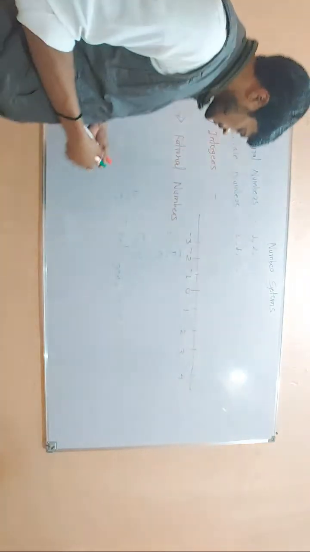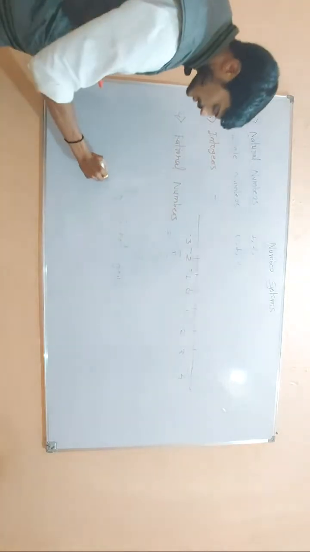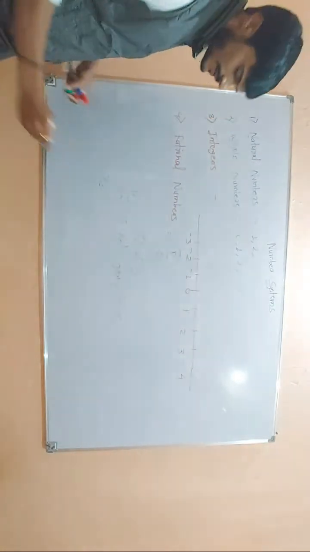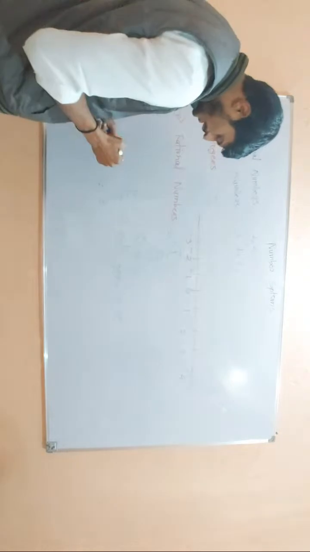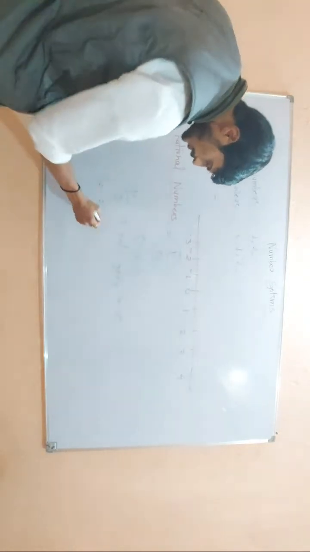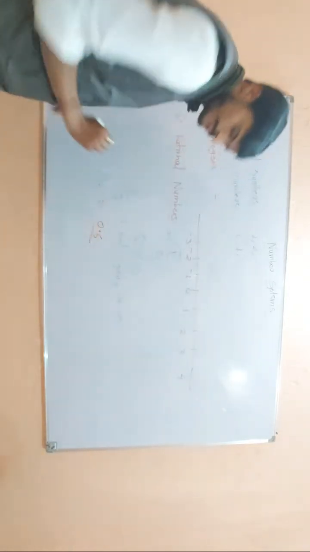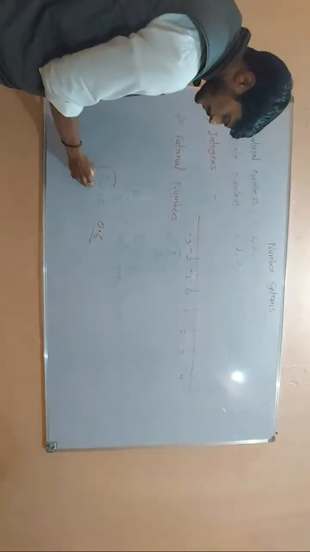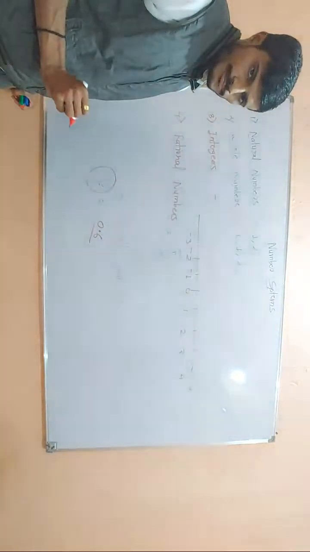Am I right? If you see 3 by 5, what is 3 by 5? 3 by 5 will be equal to 0.6. Fine. So this 3 by 5 is a rational number.